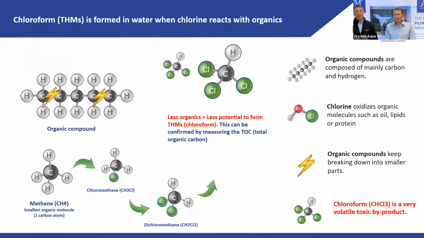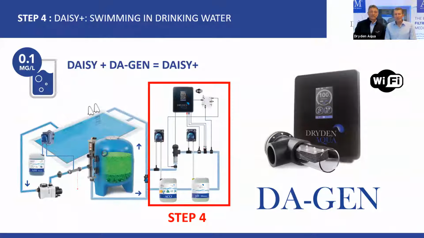Yep, exactly. Okay, great. So we now come to the Dryden Aqua generator, or DHN. For those of you who have attended our DAISY session, when was DAISY session? 6, I believe. We have a 3-step system. We have the filtration with AFM, we have coagulation and flocculation with APF.